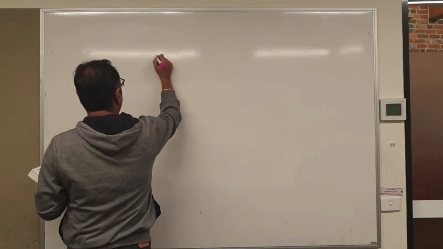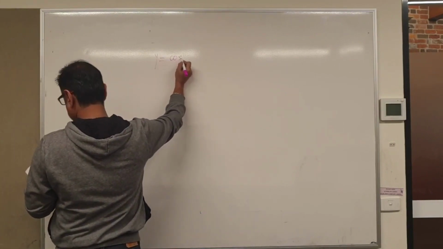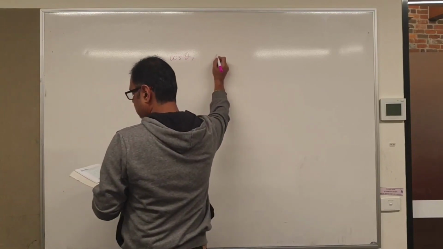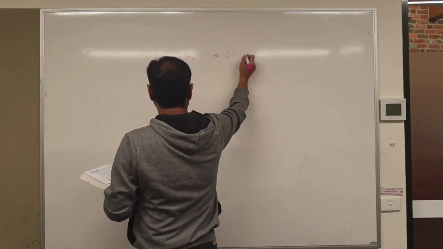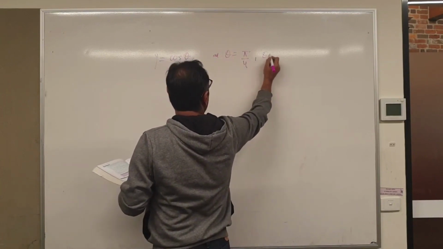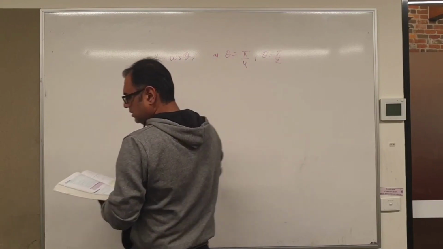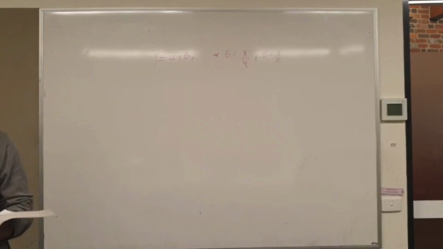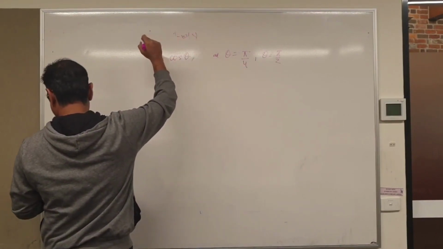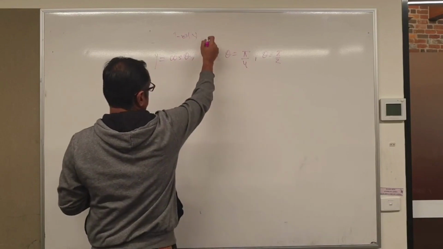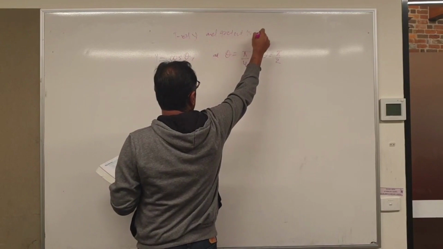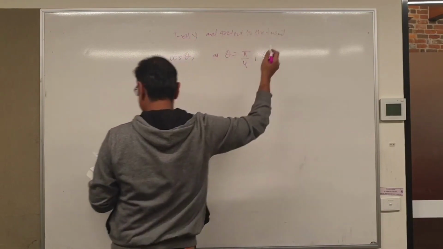So I'm giving you the function y equals cos theta, and it says at theta equals pi by 4 and theta equals pi by 2. So it says find the y coordinates and the gradient of the tangent to the point, which is basically asking you to find the derivative, right?